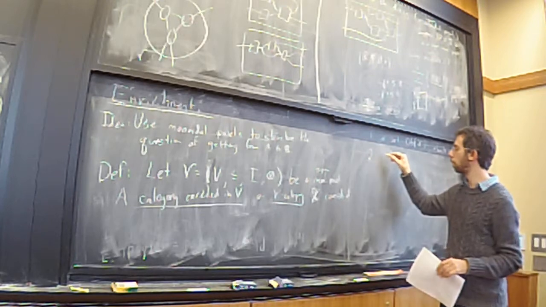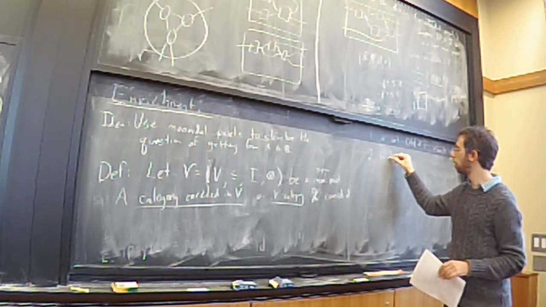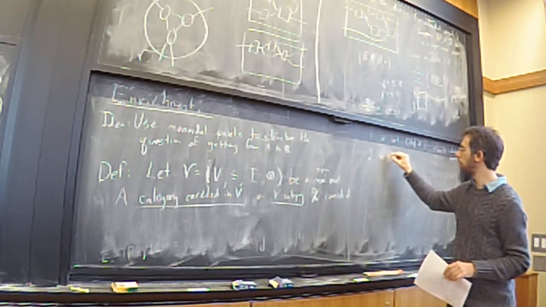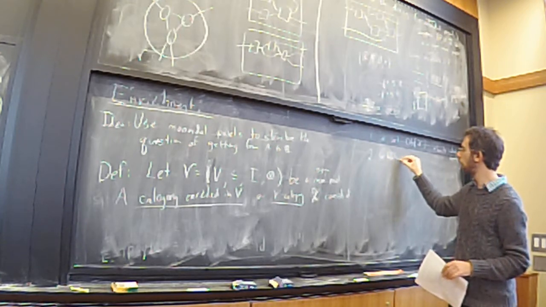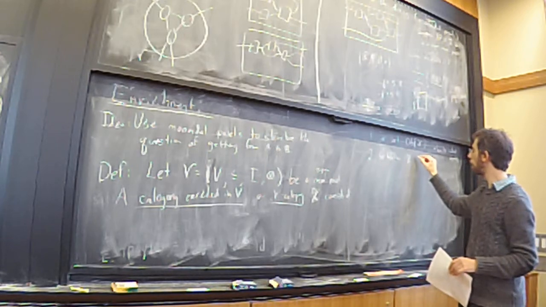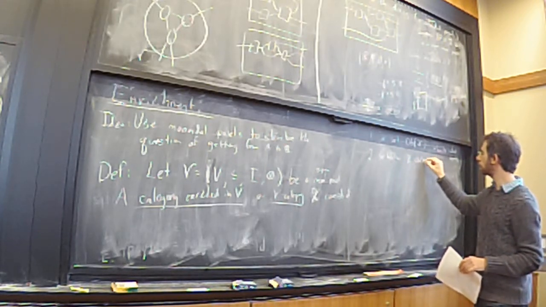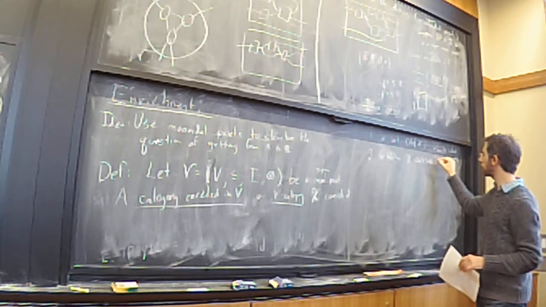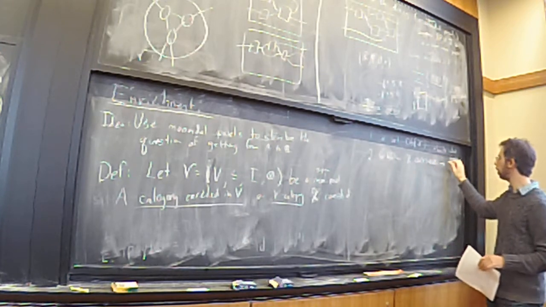And 2, a function X taking Ob X times Ob X to V.